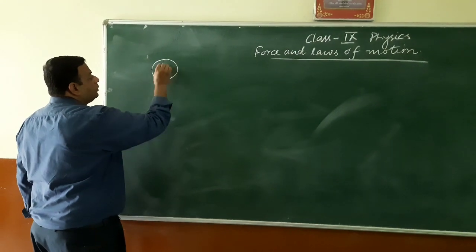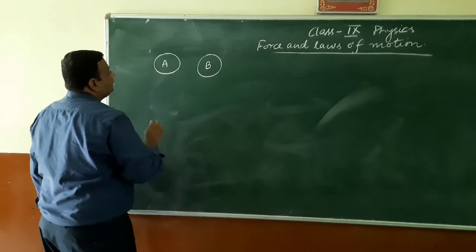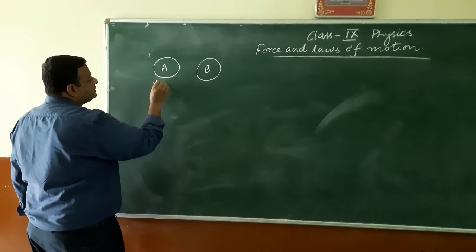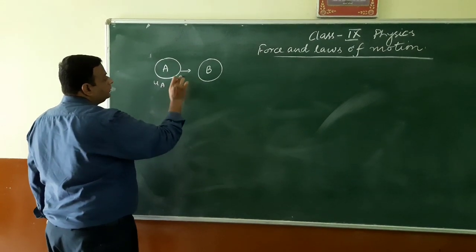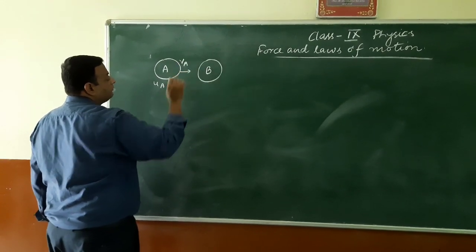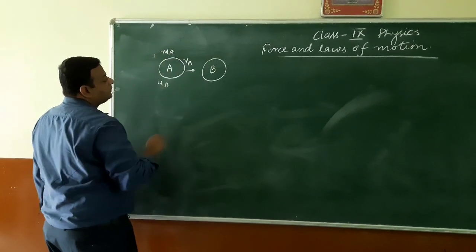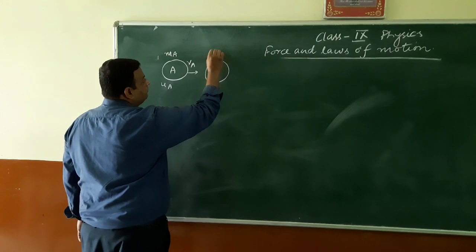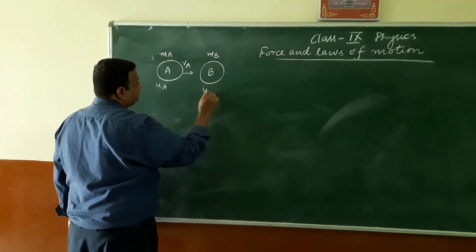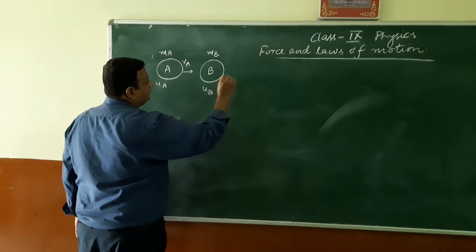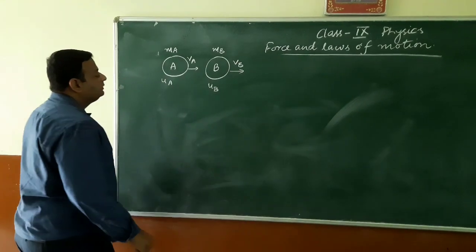Let us consider this ball A and ball B. The initial velocity of ball A is UA and it is moving with the final velocity of VA. And the mass of this ball is MA. Similarly, the mass of the second ball is MB, the initial velocity UB, and the final velocity by which it is moving will be equal to VB.